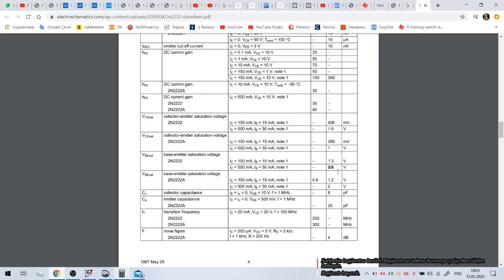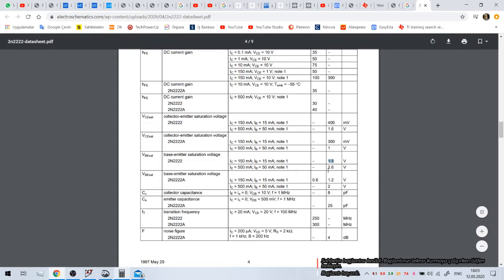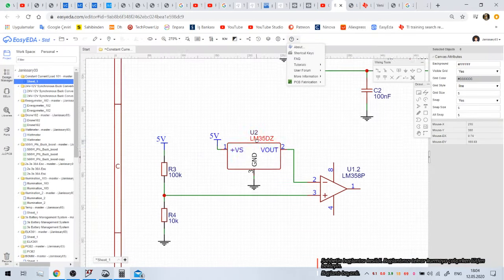Yes, we can take 1.3 volt base emitter saturation voltage. It is greater than we need, but I can take it for a simple result.